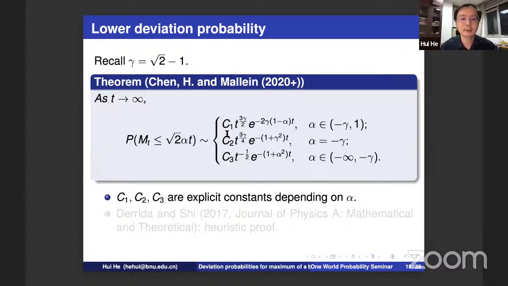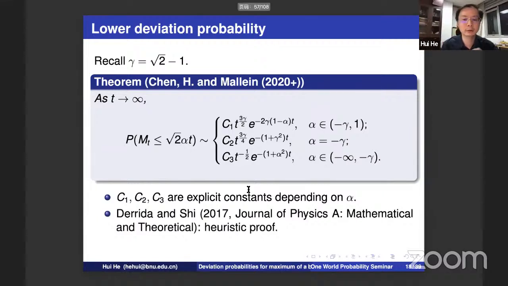Here C1, C2, and C3 are three explicit constants depending on alpha, and the explicit form also depends on the KPP equation and omega x, the limiting distribution function of the centered maximum. In fact, in another paper by Dahid and Shi, they give a heuristic proof of these results.